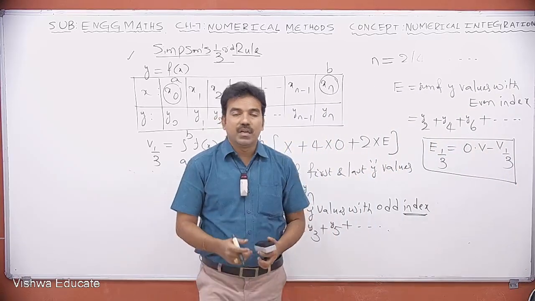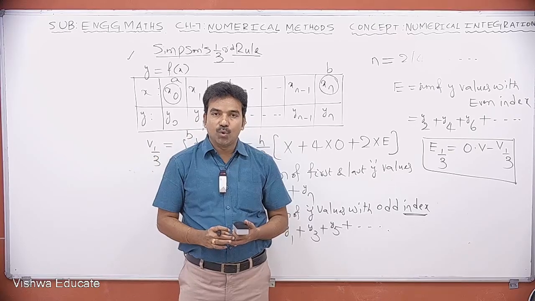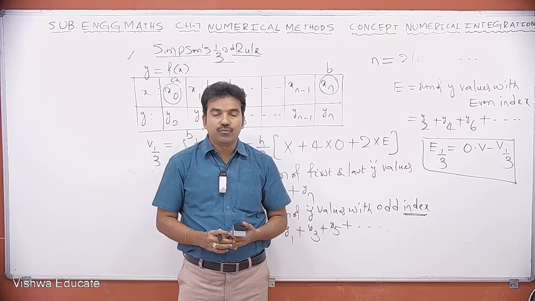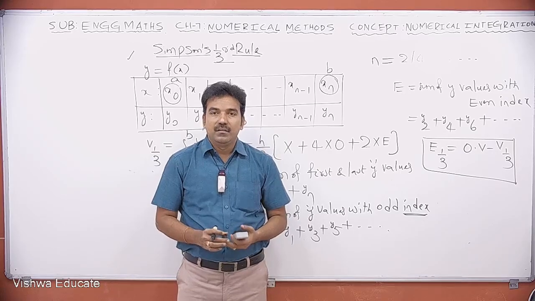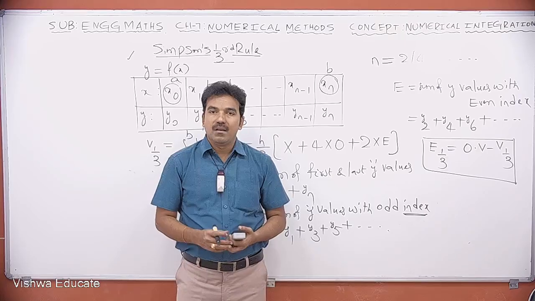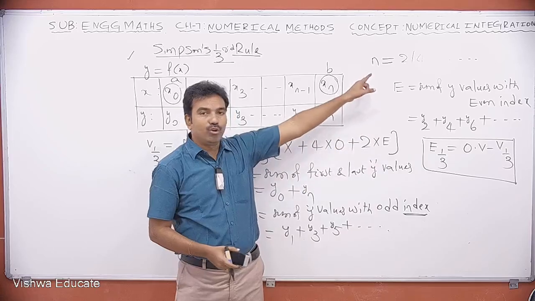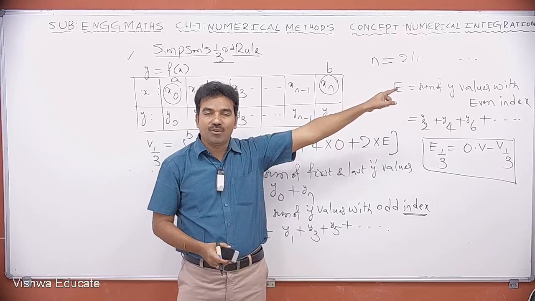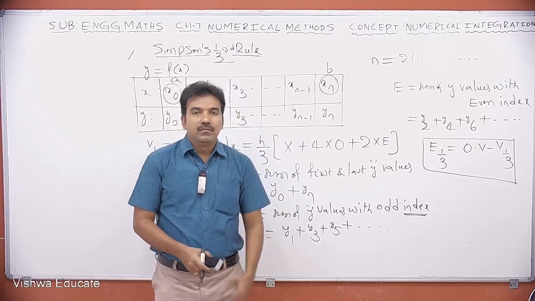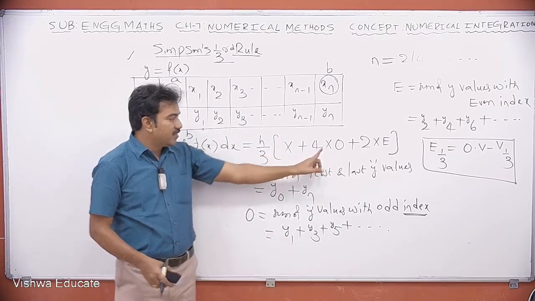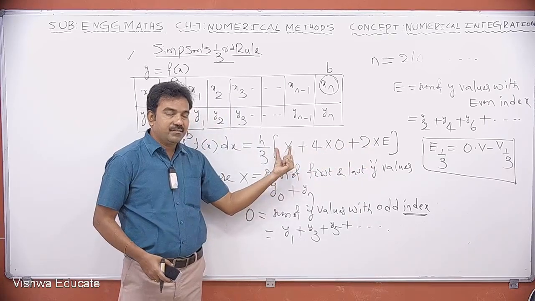The number of subintervals required for Simpson's 1/3 rule is a multiple of 2. That is n equal to 2 or 4 or 6 or 8, etc. So please try to differentiate. This is multiplication, but this is X, right?